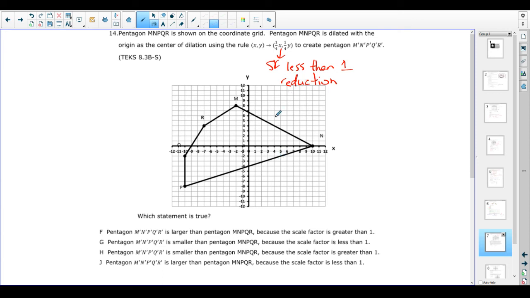So if it's a reduction, it means that the new pentagon has to be smaller, right? So it's either G or H, not getting bigger. On Y, because the scale factor is less than 1, so we pick the one that says scale factor is less than 1, and that's answer G. I don't even have to plot the point. I just have to know if my scale factor is 1/4, it's a reduction, which makes the shape get smaller.